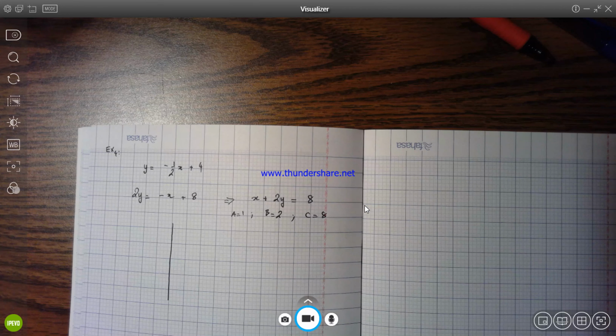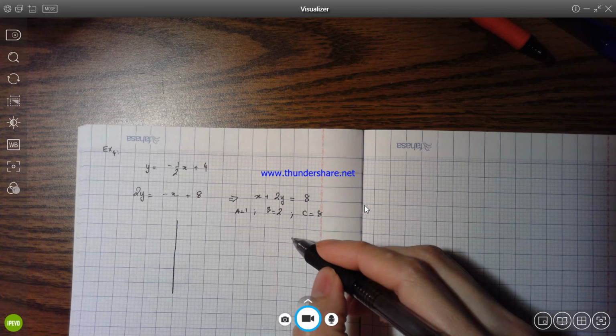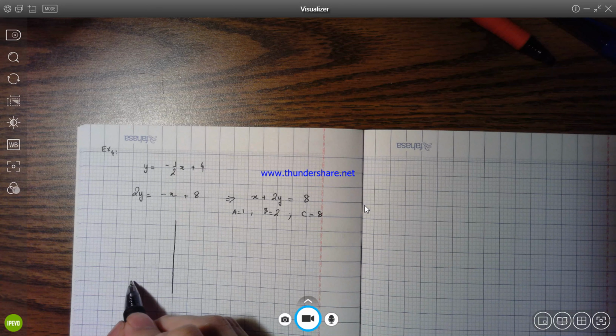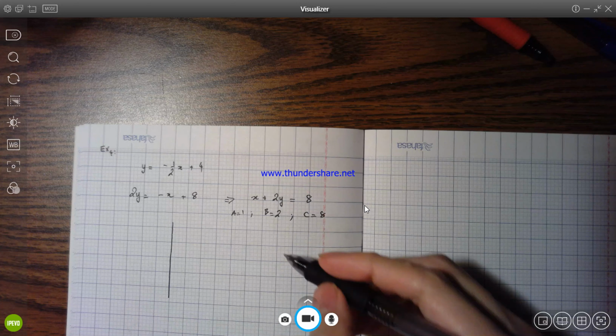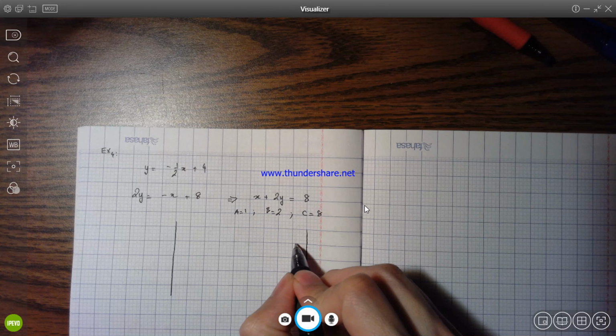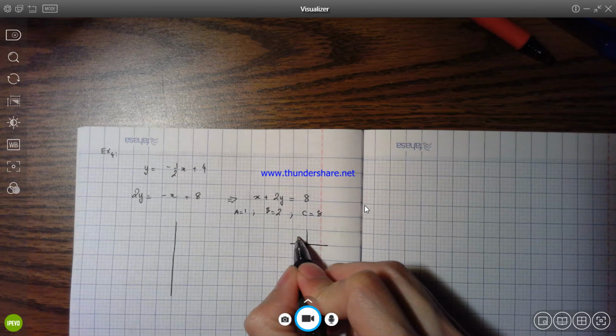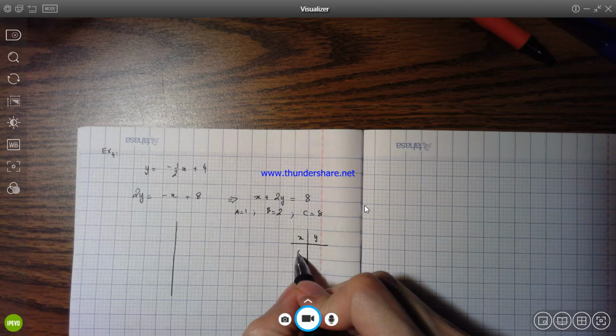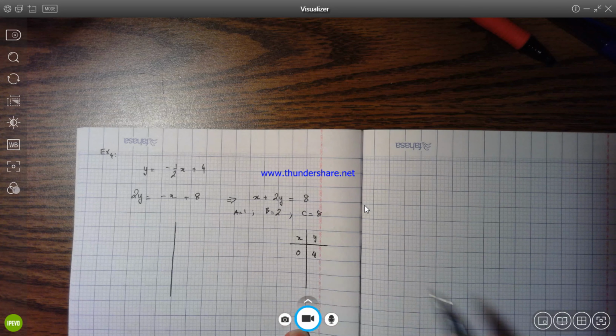Now we're going to set up the table and graph it. Okay, so let me draw the coordinate system first. I think I'm going to set up the table first. So this is x, y here. So x equal to 0, so we have 4, right?